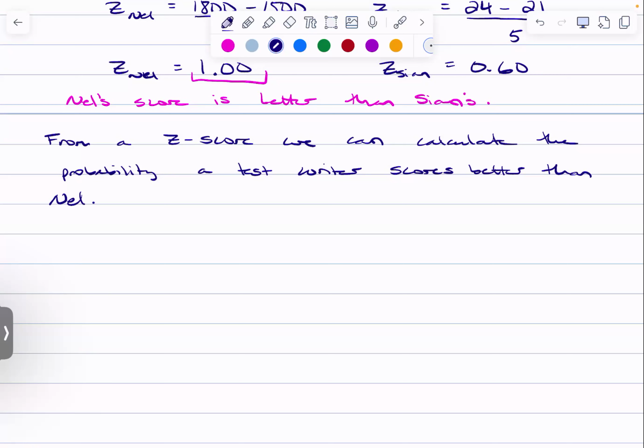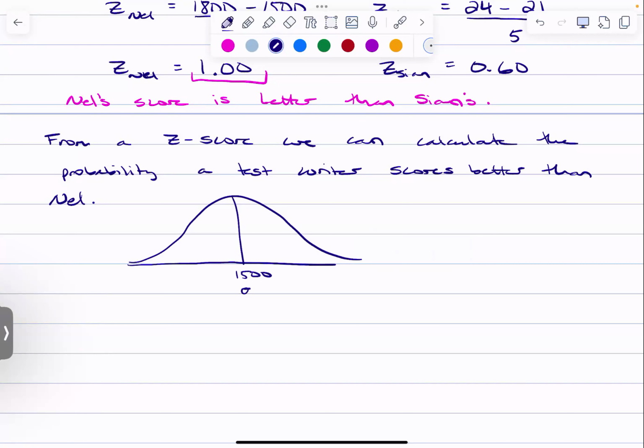So if we know all SAT scores look like this, centered on 1500 with a standard deviation of 300, and we saw a score of 1800 for Nell, and if we want to find the probability, then we remember, okay, a probability is an area under the curve.